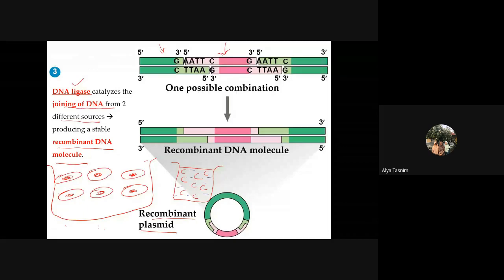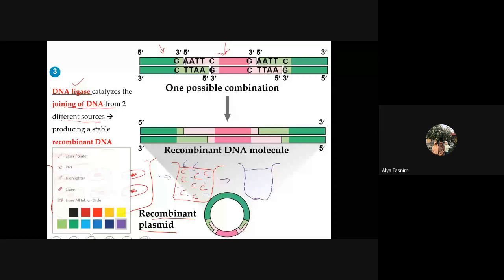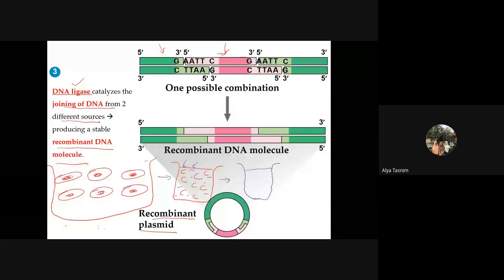So this is the reaction that happens when you put the foreign DNA and plasmid into one test tube. So the probability is one: the plasmid either takes up the foreign DNA fragment, or it takes nothing and joins back together.